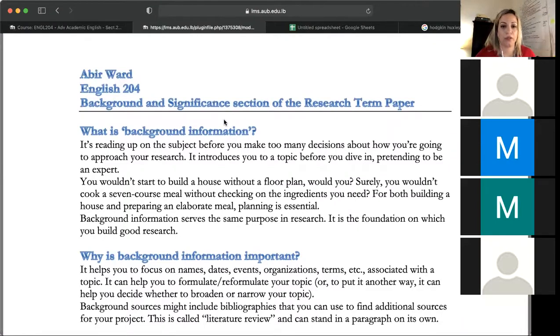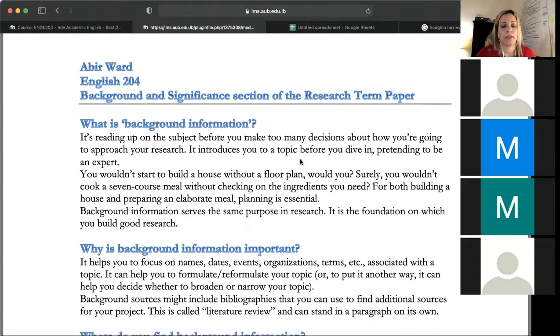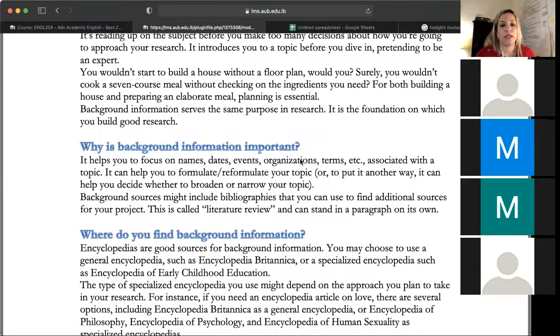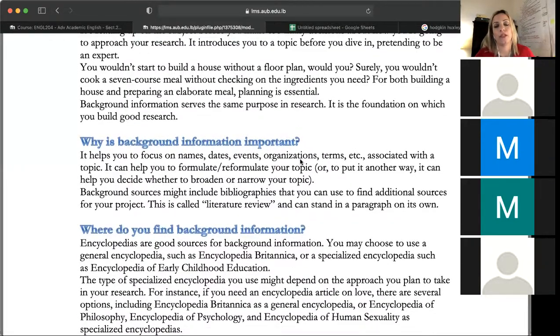So the background and significance section of the research term paper gives me some more information about what you're working with. It introduces the reader to the topic before the reader dives in. This is sort of like your floor plan for the paper. So you give me some background information about your topic, etc. So why is background information important?